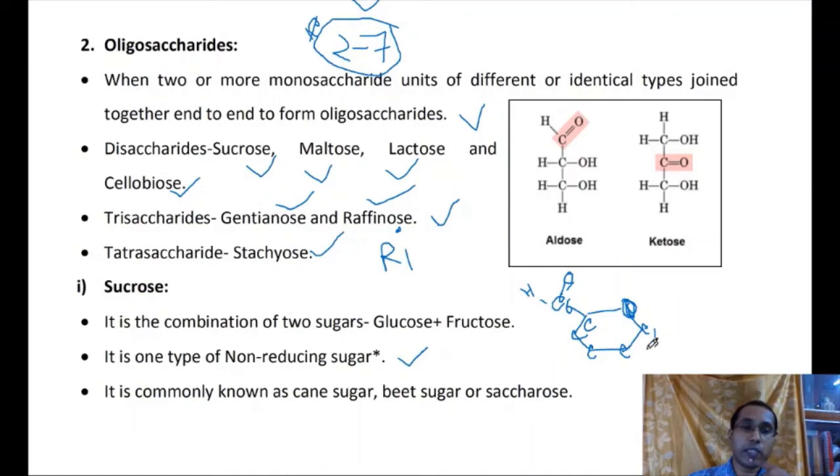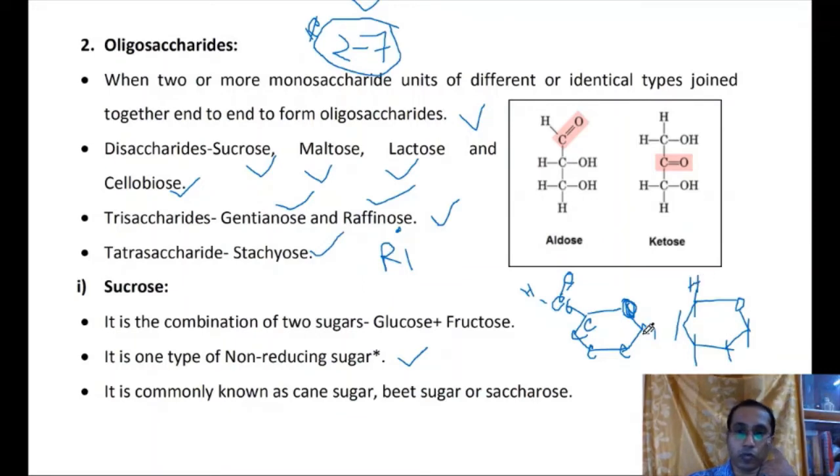Non-reducing sugars means another structure. I can draw your attention to the structure of fructose. You can see here all the things are the same. Now all of these have this bonding, hydrogen and oxygen. So in case of glucose, the bonding between the first glucose unit and the second fructose unit, where they will be bonded together.